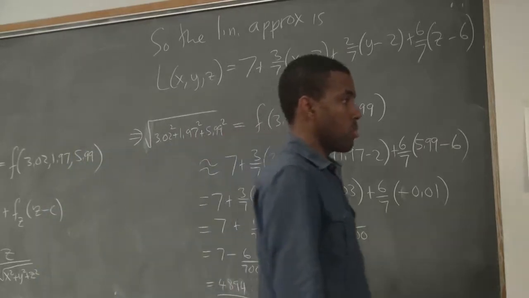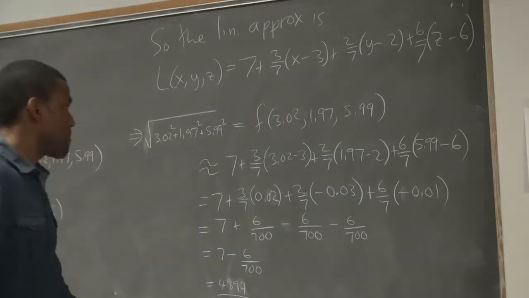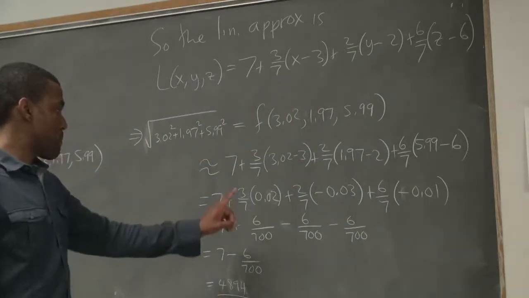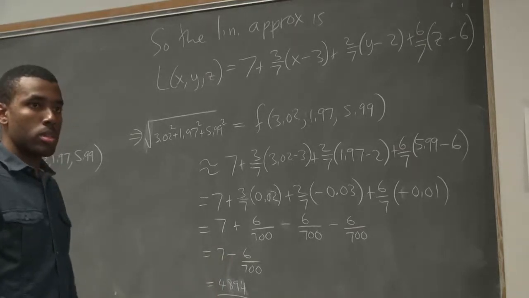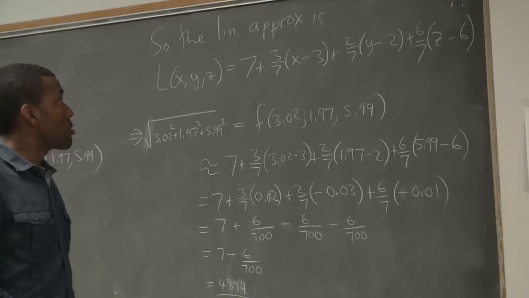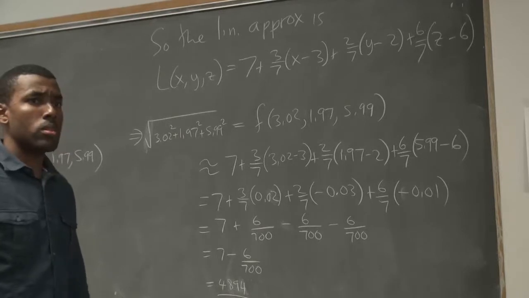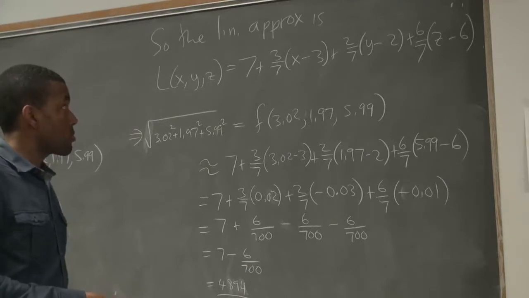So the book gives a different answer. What would it give? The book says that the answer is 7 plus 3 over 7 x plus 2 over 7 y plus 6 over 7 z.